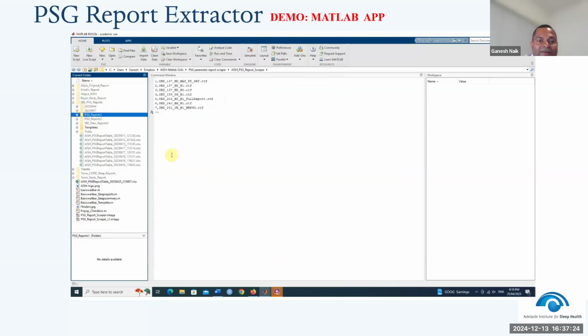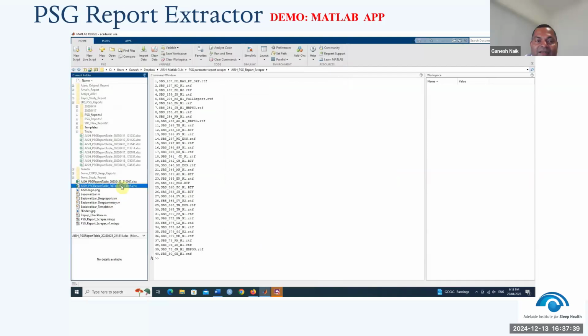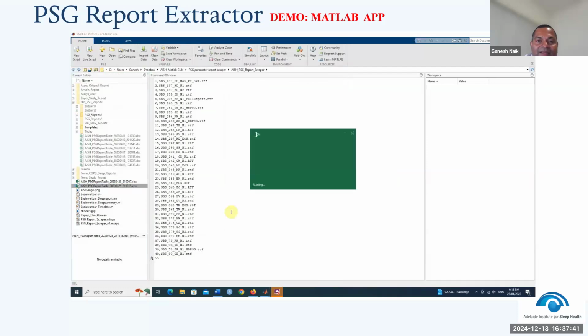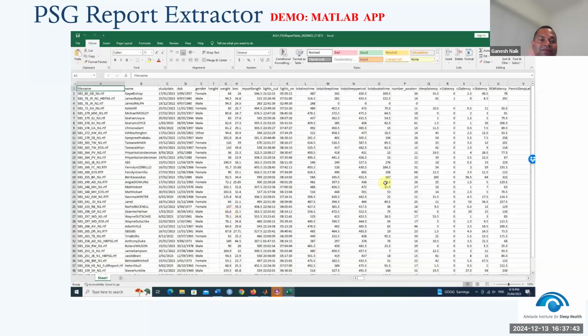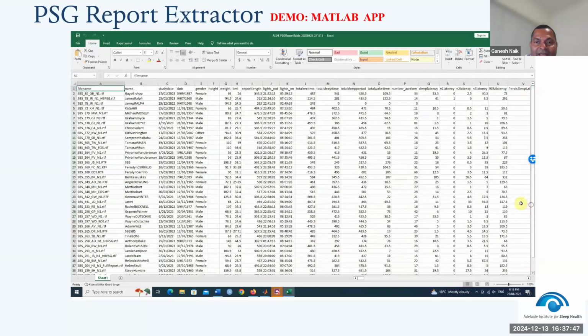In this demonstration, it's very quick as well. You can see that it's extracting now, around 40 patients' data. Those sleep reports are extracted, and you can see those 40 patients' data extracted into a simple Excel file.